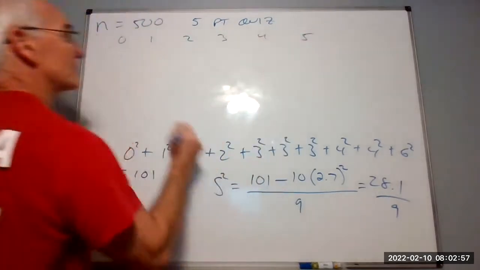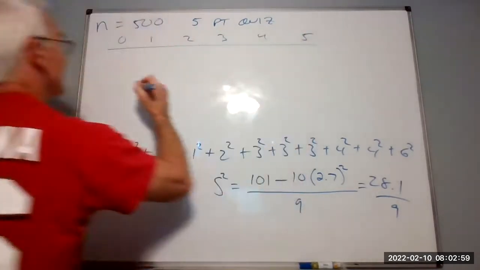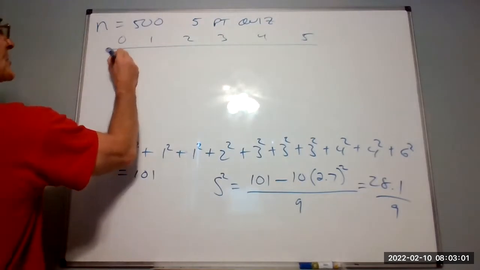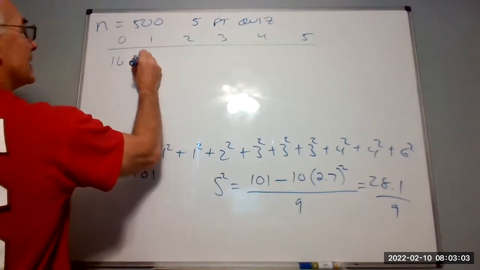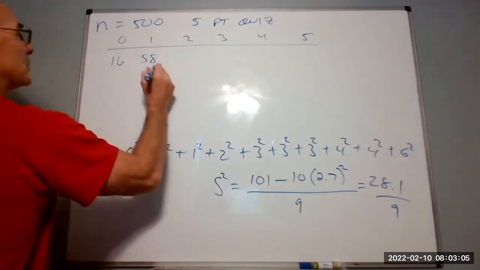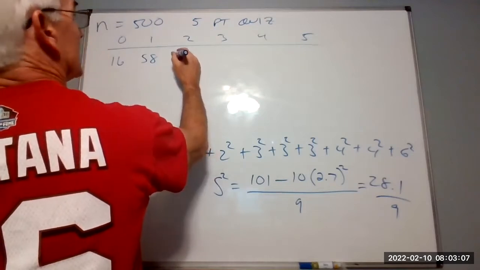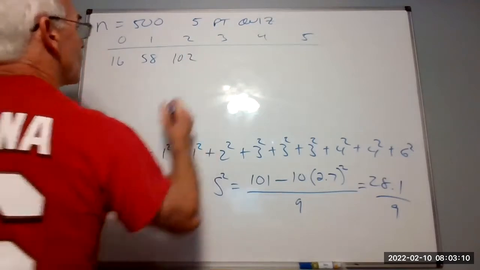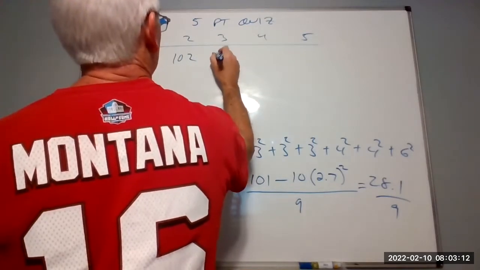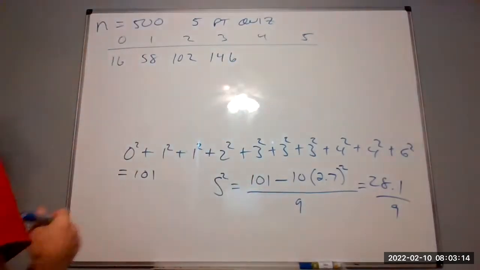This is why we have a calculator, so we don't have to do any of this in our head. So let's say that 16 people got this score and 58 people got this score and 102 got this score and 146 got this score.